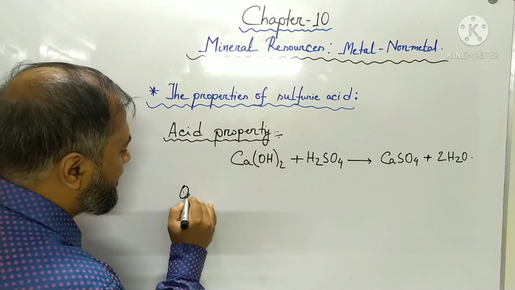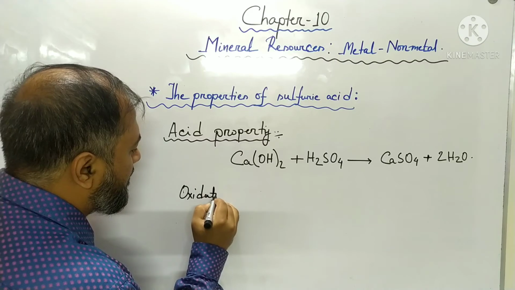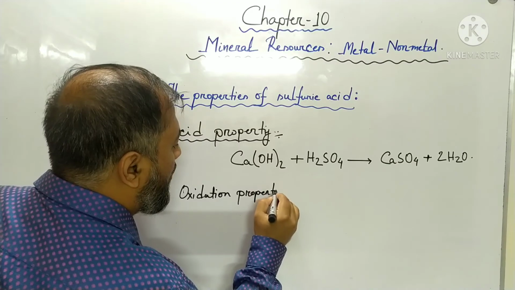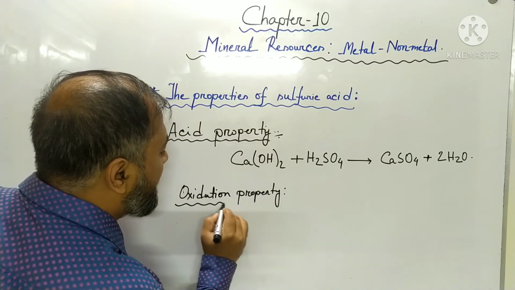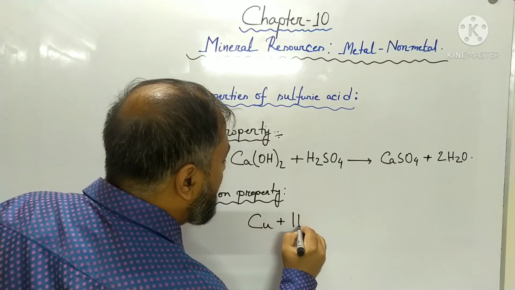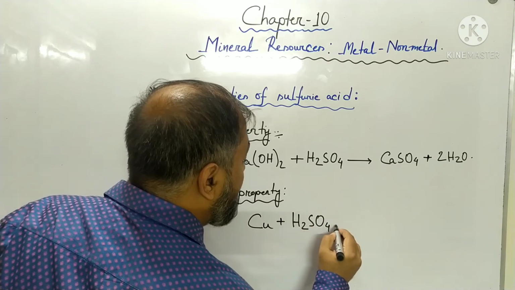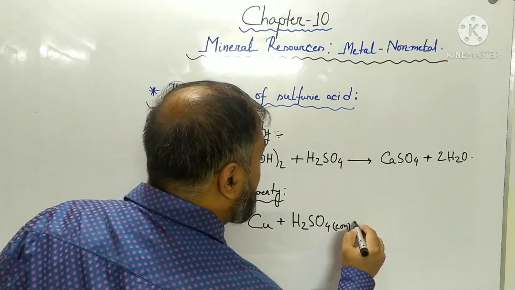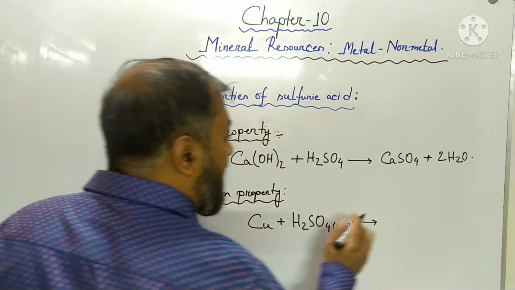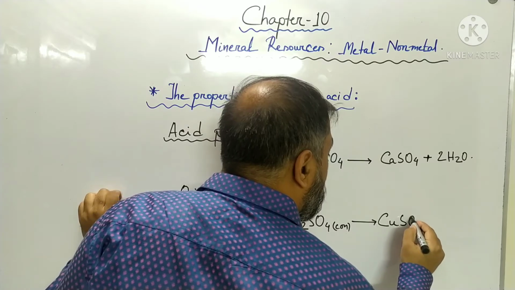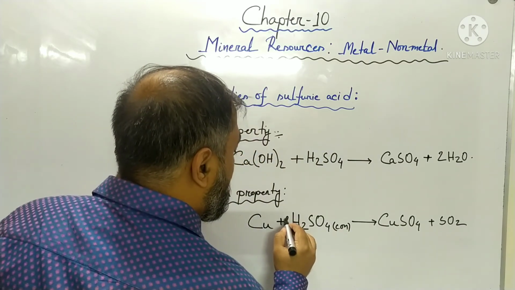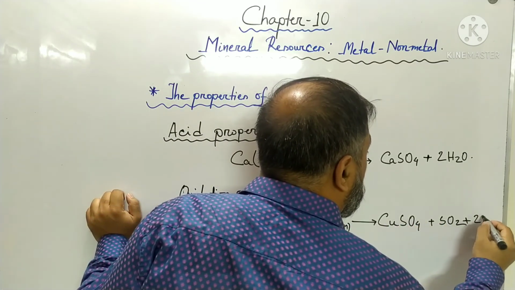You can see when sulfuric acid undergoes reaction with copper, I repeat once again, when concentrated sulfuric acid, that must be concentrated, that means the amount of water is less, then it oxidizes the copper and produces copper sulfate, sulfur dioxide, and water molecule.